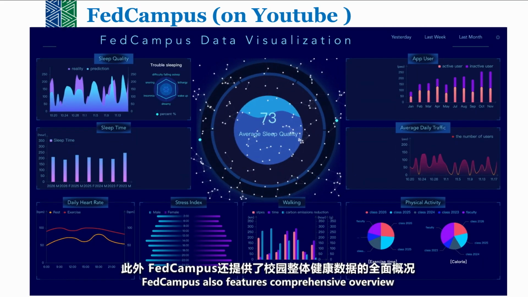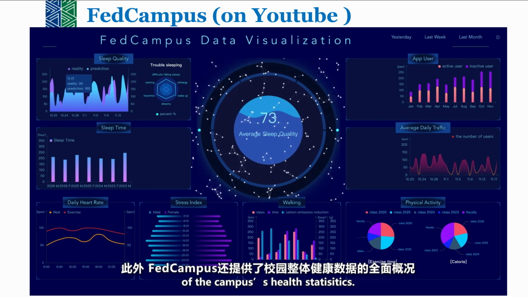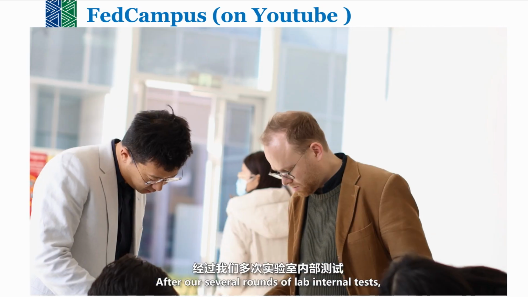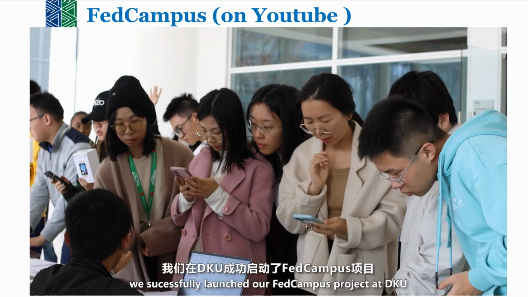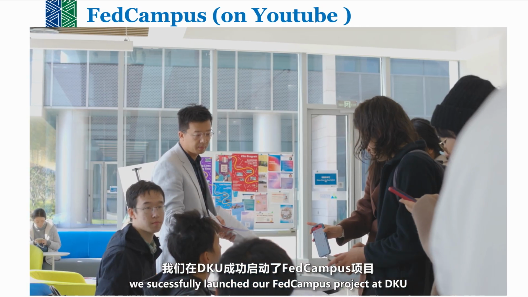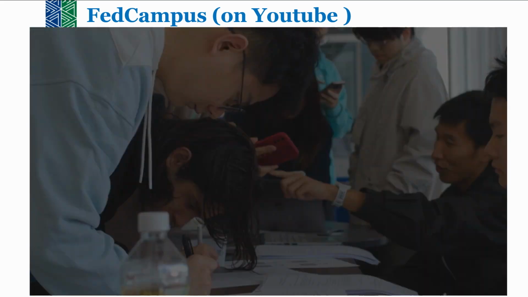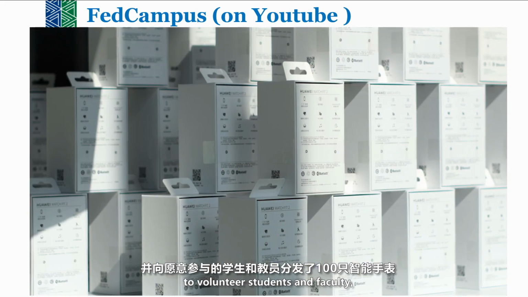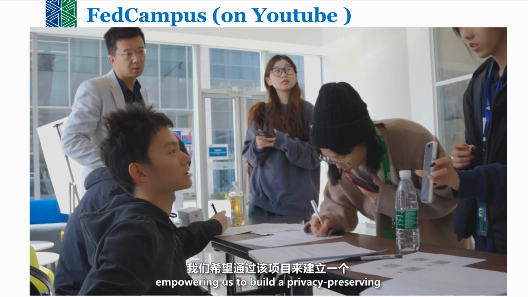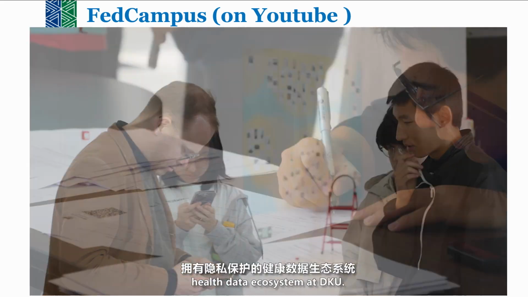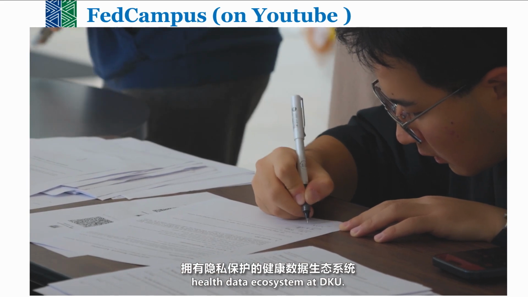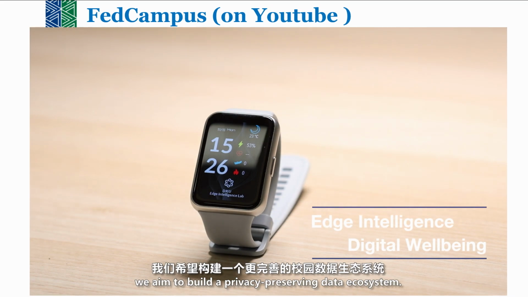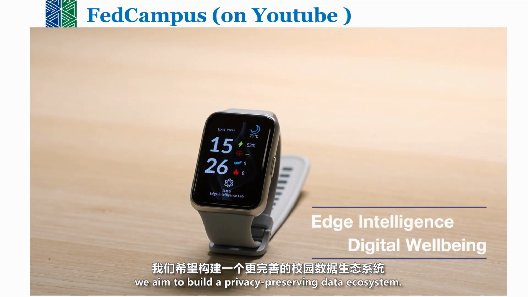FedCampus also features a comprehensive overview of the campus health statistics. After several rounds of internal lab tests, we successfully launched our FedCampus project at DKU and distributed 100 smartwatches to volunteer students and faculty, empowering us to build a privacy-preserving health data ecosystem at DKU. As FedCampus evolves, we aim to build a privacy-preserving data ecosystem.